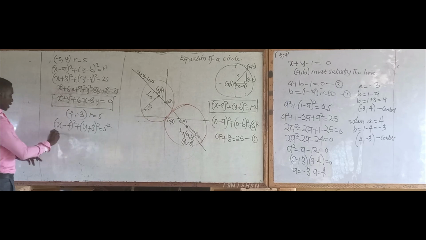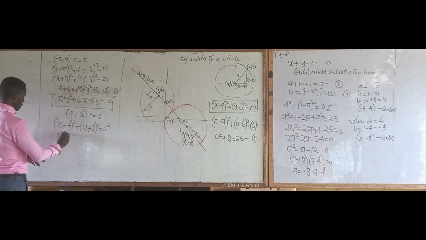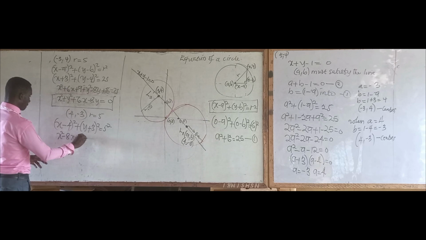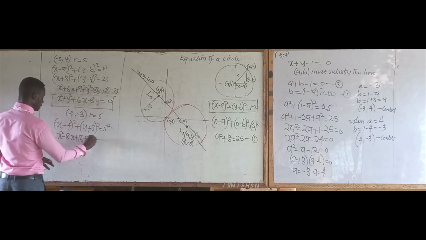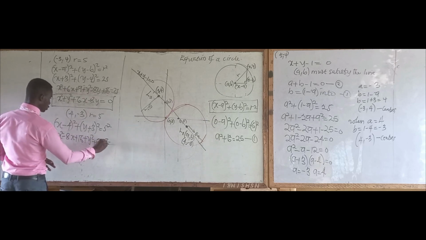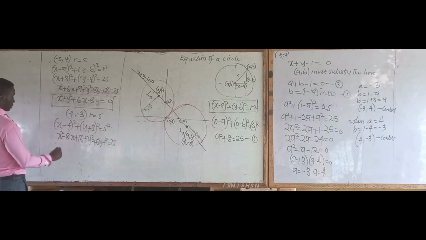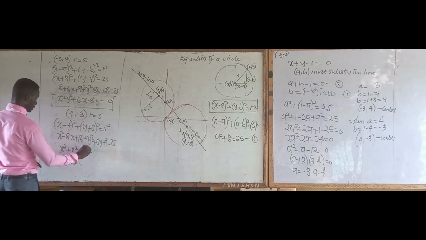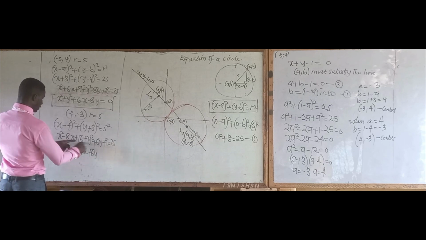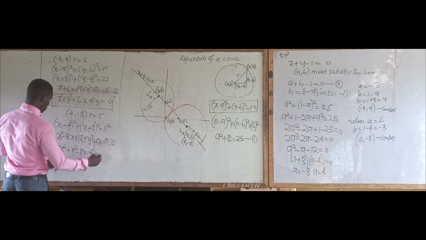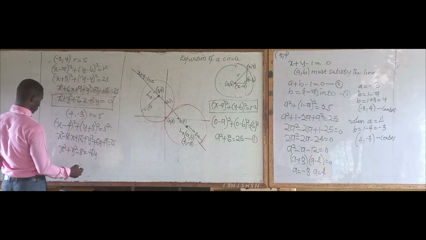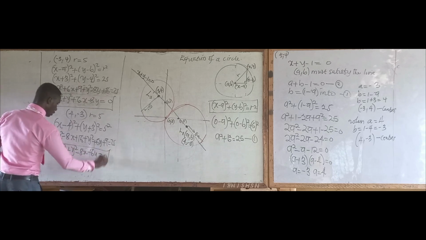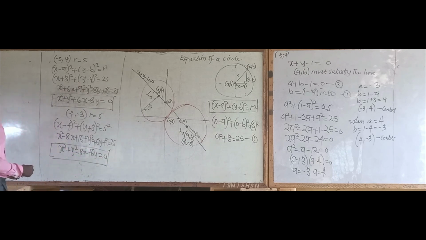This will give me x squared minus 8x plus 16 plus y squared plus 6y plus 9 is equal to 25. This will give me x squared plus y squared minus 8x plus 6y, 16 plus 9 is 25, 25 minus 25 will give me 0, is equal to 0. So this is also another equation of a circle.